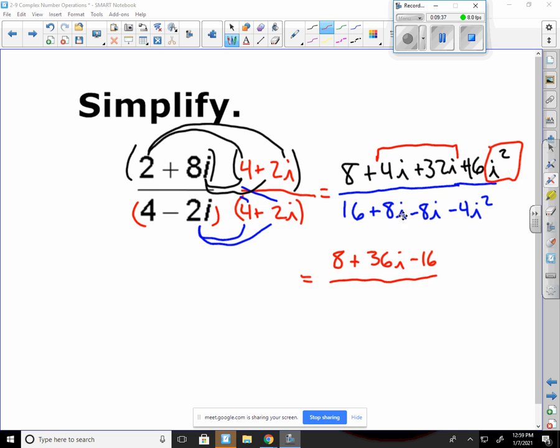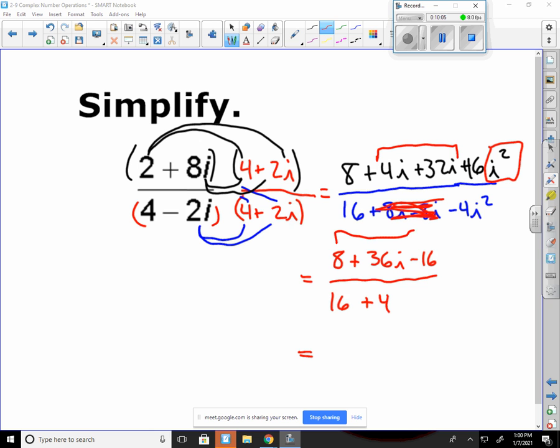In the denominator, I have my 16. And it's plus 8i minus 8i, so those cancel each other out. And I have negative 4i squared, which means i squared is negative 1. Negative 1 times negative 4 gives me plus 4.